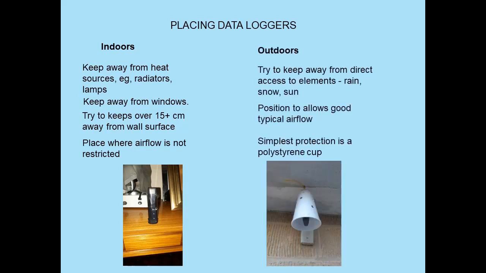Also, externally, try to keep them away from direct access to elements such as rain, snow, etc. Position to allow good typical airflow. And I've always found that the simplest protection against all these is a polystyrene cup with a data logger hanging in it like a bell clapper and sealing the logger in it via a piece of string.